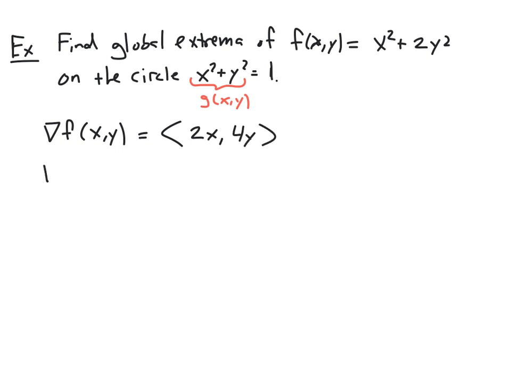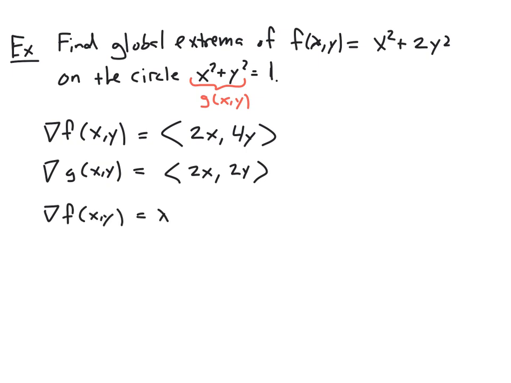And the gradient of g(x,y), which we just labeled as x squared plus y squared: the partial with respect to x is 2x. The partial with respect to y is 2y. And so we want to solve the equation gradient of f equals lambda times the gradient of g.